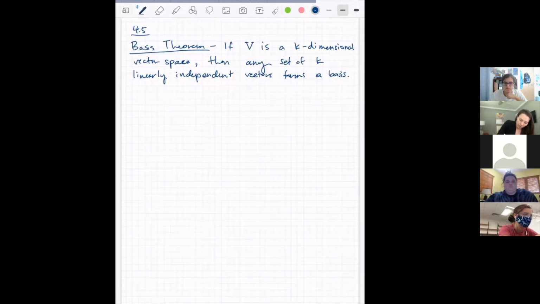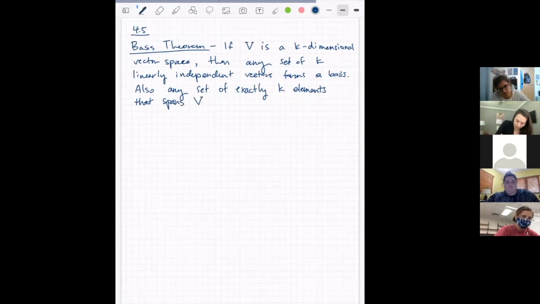Also, any set of exactly k elements that spans V will form a basis. That is saying that if we know it has the right number of vectors and it spans V, we don't need to check for linear independence.